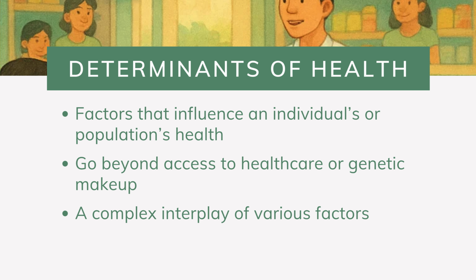Lastly, health is shaped by a complex interplay of various factors. These don't act alone, they interact with and influence each other. One example in our country is a mother living in an informal settlement.